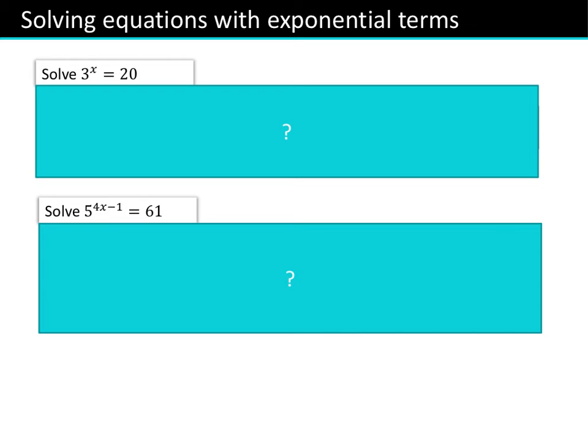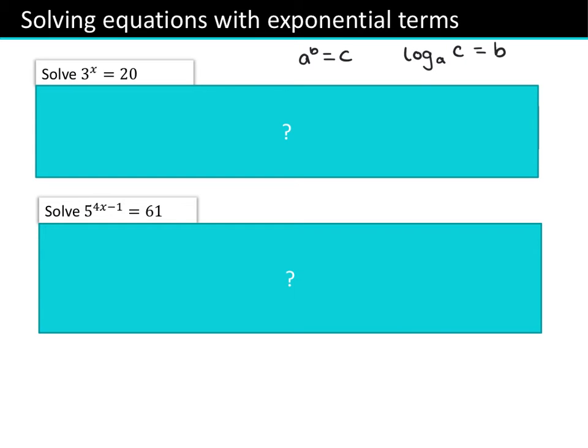Okay, so solving equations with exponential terms. First of all, we know the rule that a to the power of b equals c can be rewritten as log to the base a of c equals b. We know this rule, okay?